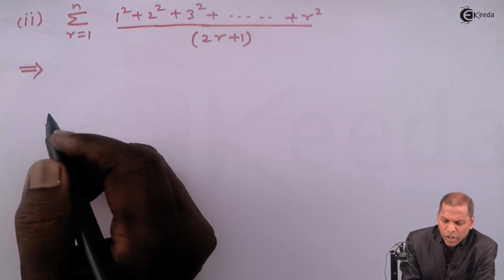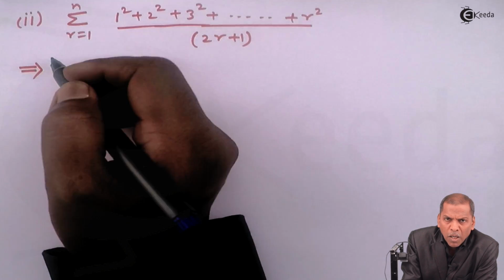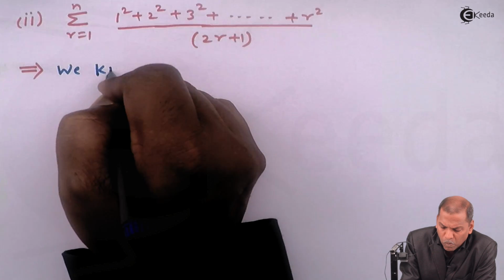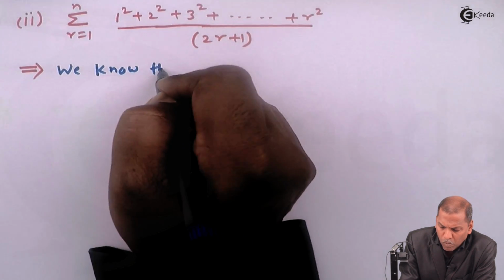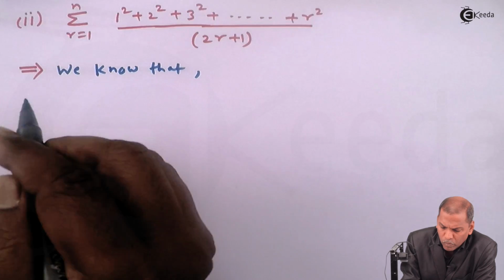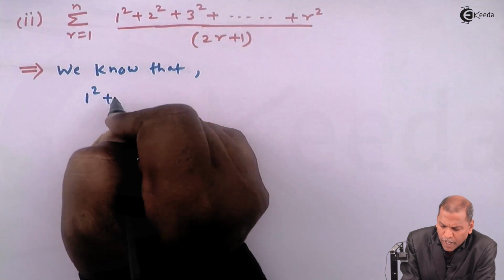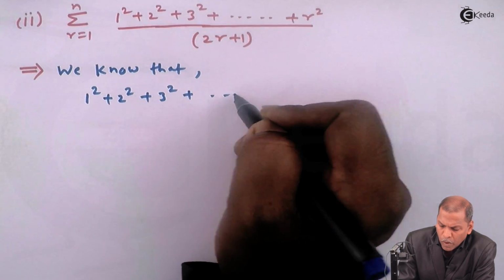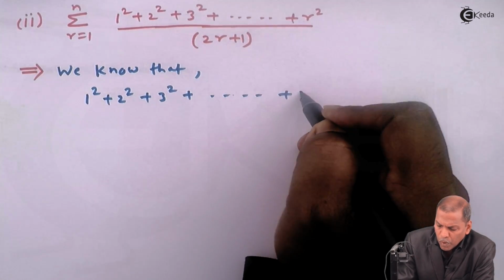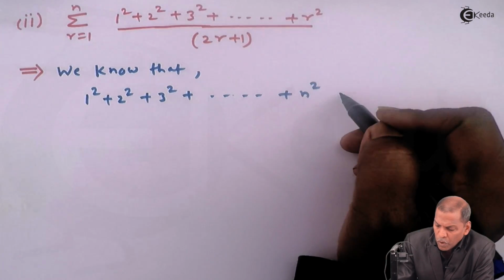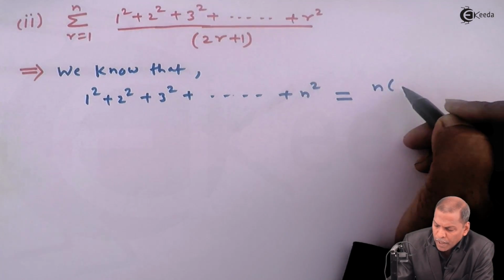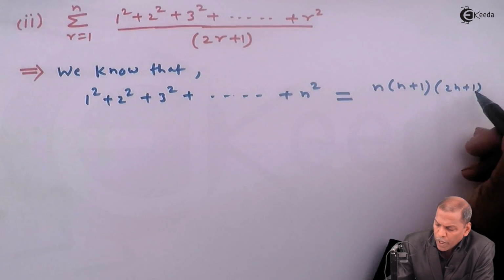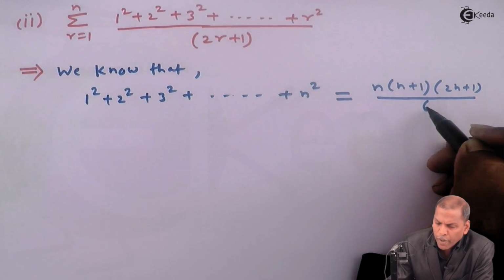Solution is quite simple. Since we know that 1 square plus 2 square plus 3 square plus going on up to n square equal to n in bracket n plus 1, another bracket 2n plus 1, whole thing divided by 6.